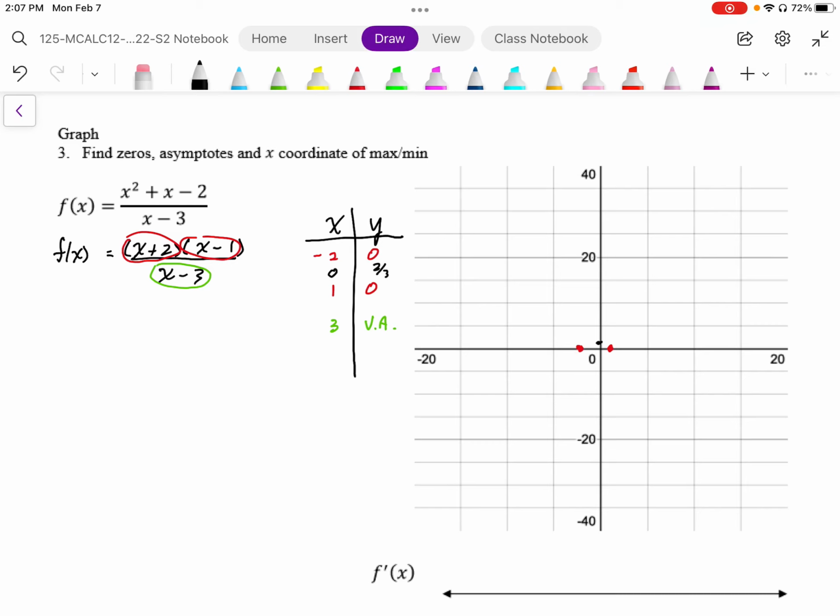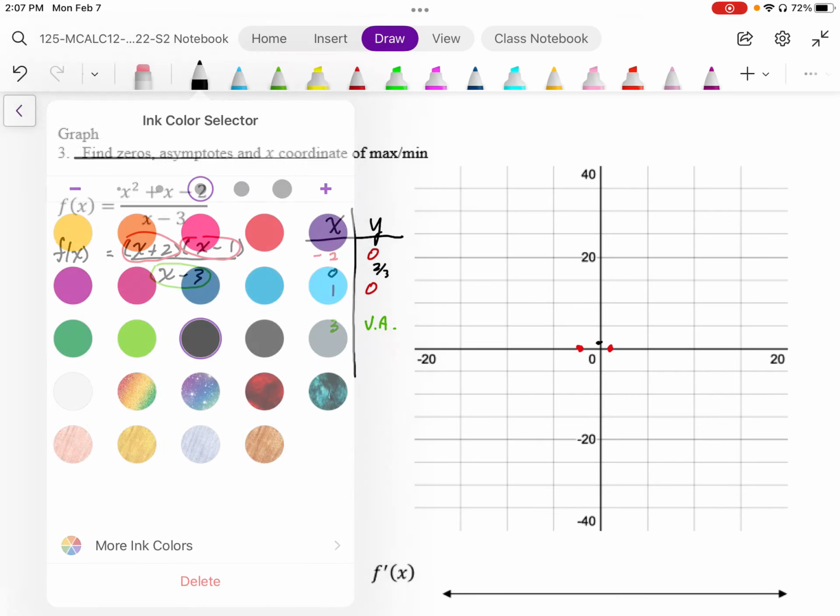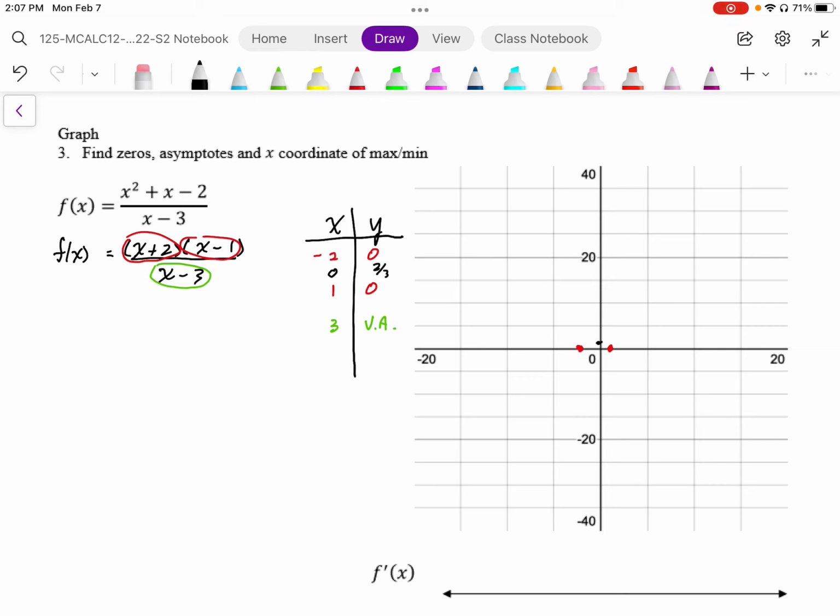Once we've done this, we want to see what the slant asymptote of this is. So we're going to do some long division. From long division, we're going to end up dividing x minus 3 into x squared plus x minus 2.